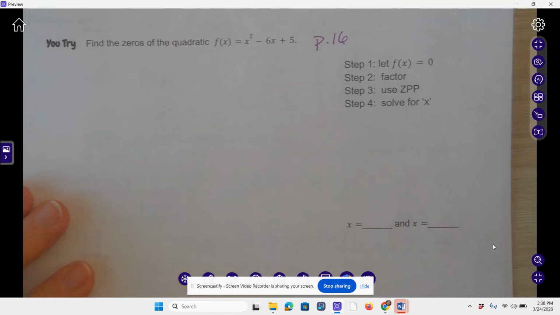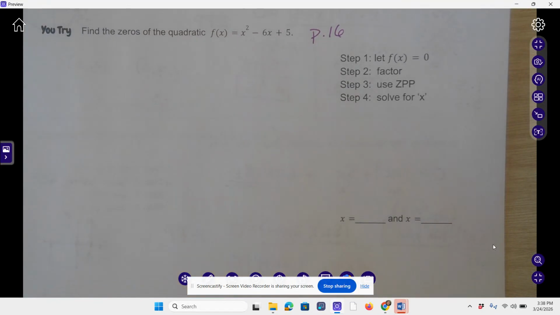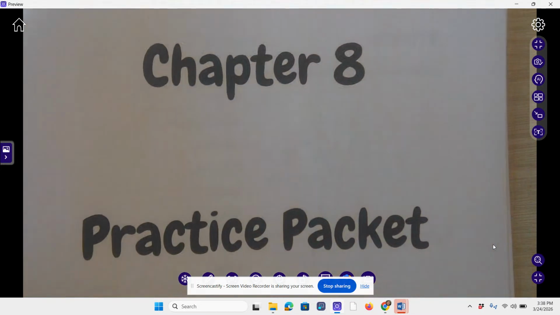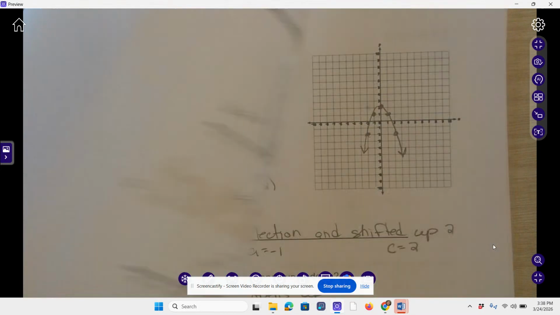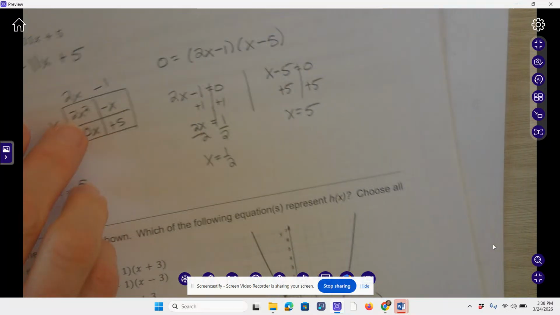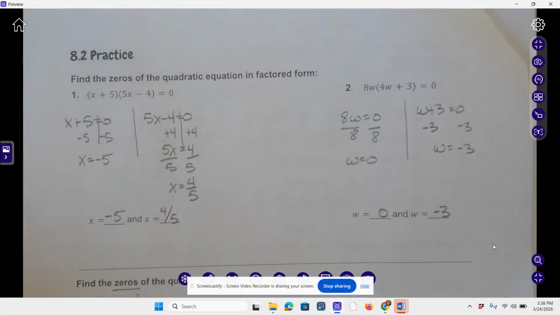So the U-try on page 16, and if you finish that, I want you to go to your Chapter 8 practice packet, and I want you to go to 8.2 practice.